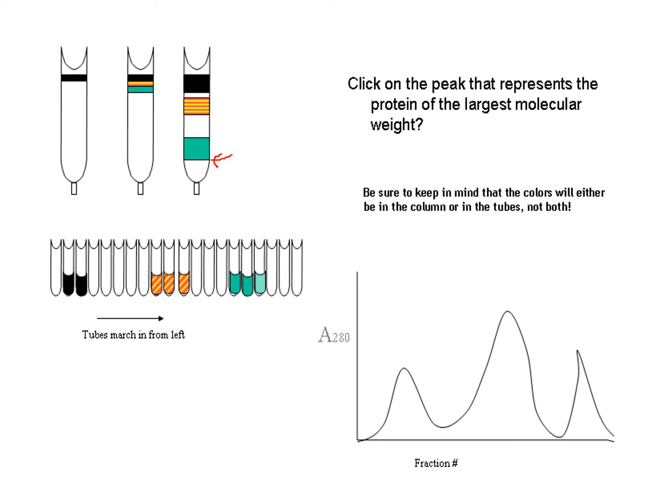So if we go here, the first, second, third, fourth, and this may be opposite because these would come first. So that may be a mistake because I think the large ones come first. So anyways, you're tracking, you get protein peaks, okay?